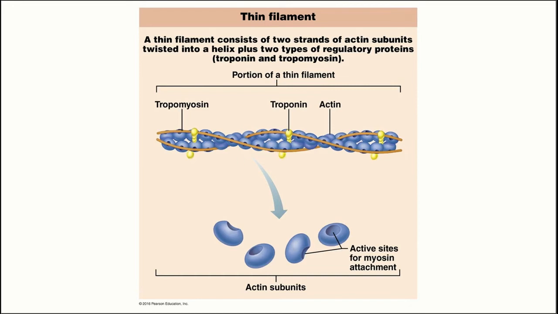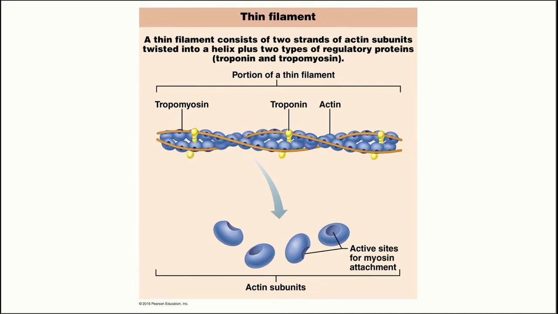Also associated with the thin filament are two regulatory proteins in the yellowish colors here. One of them is called tropomyosin, which is a thread-like protein, and the tropomyosin is supported by another protein called troponin. These two regulatory proteins, tropomyosin and troponin, prevent the muscle from contracting when the muscle is not stimulated.